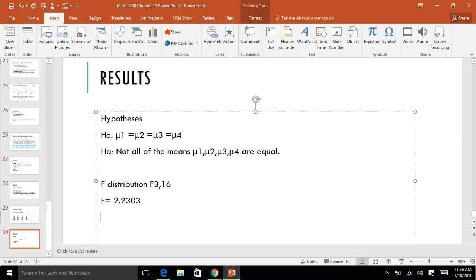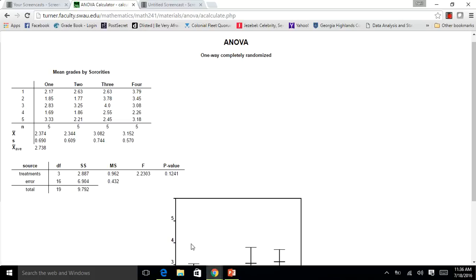So that is p-value equals the probability of F greater than 2.2303, and that's going to equal just the p-value. And what's my p-value? It's 0.1241. And where did I get that? Right here. There's my p-value.